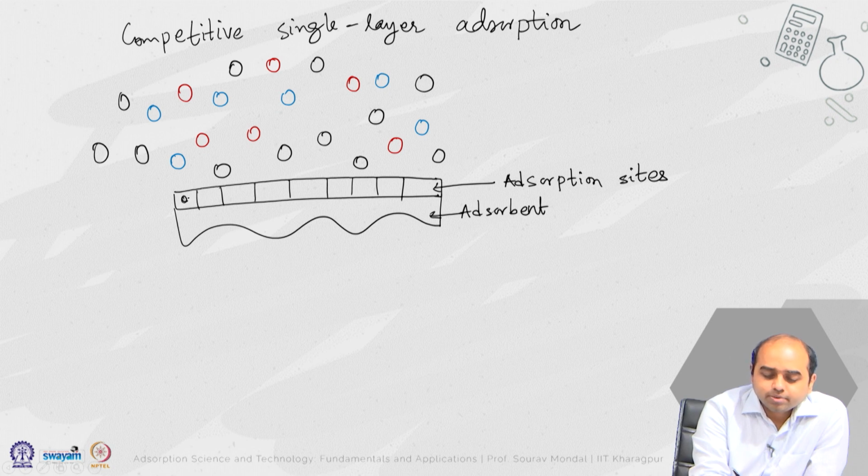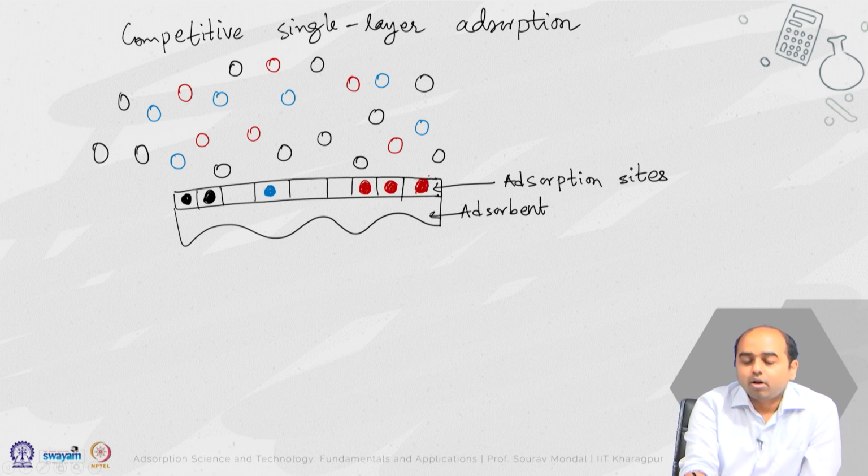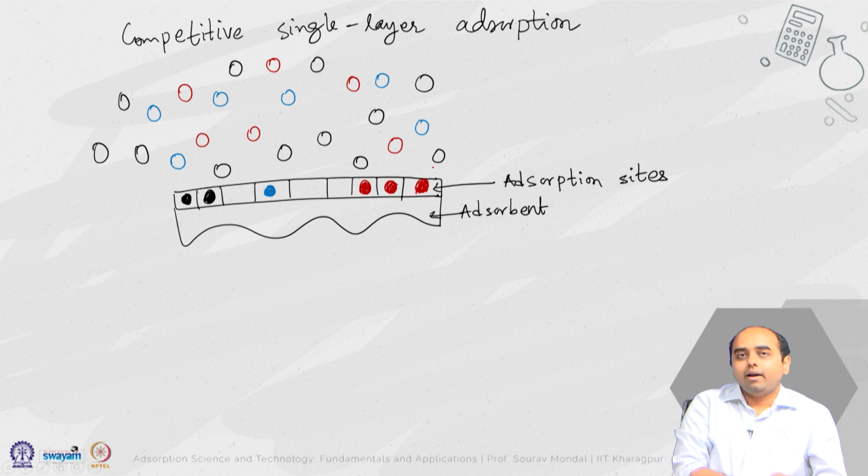All of these types can be adsorbed at any one of these adsorption sites, and all the adsorption sites have equal probability of binding to any of these species.